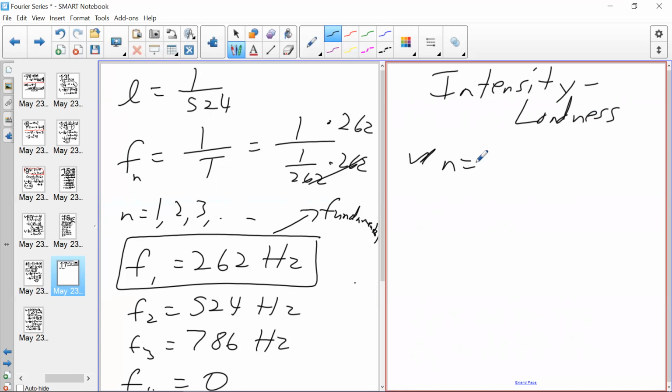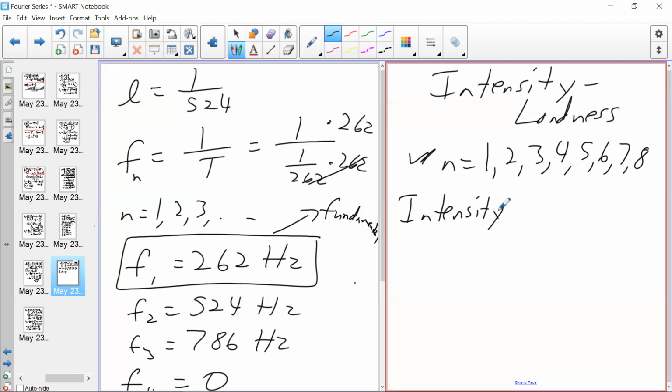We have 8 of them, and 2 of them don't work, like 4 and 8 don't work. So we're just going to write them down explicitly anyway. These numbers come from the b sub n. So 4, 5, 6, 7, 8. And so the intensity is basically going to be found by looking at the amplitudes.